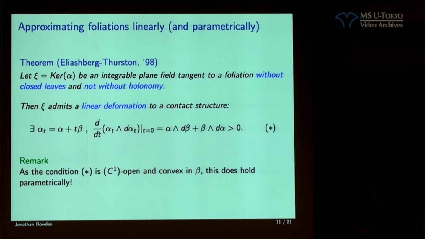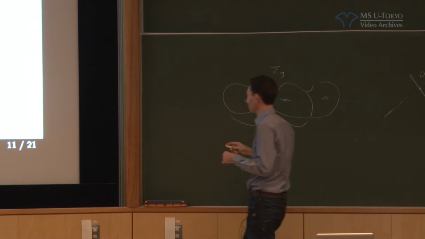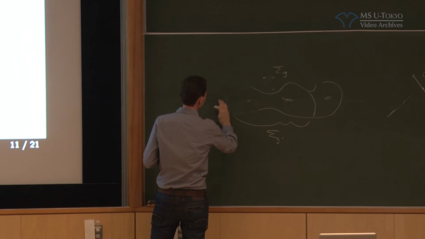The other great thing is that this condition is, of course, when I fix alpha, convex in beta. If I have different betas and I take a convex combination, fixing alpha, positivity is preserved. So that's exactly what you would want to do if you were naive and you don't want to work so much.